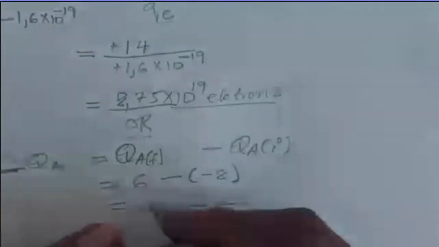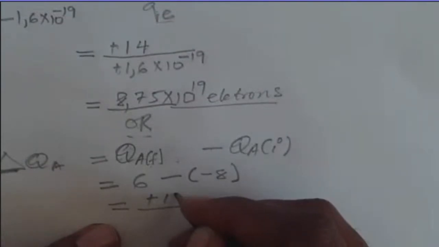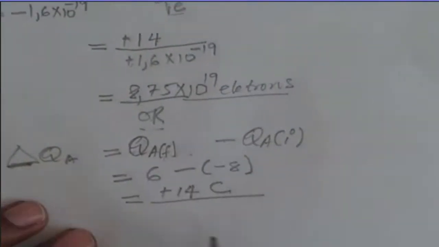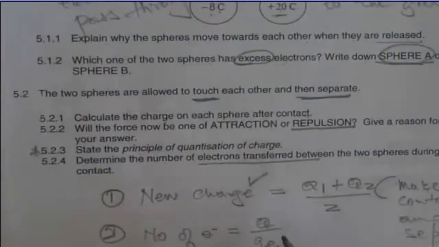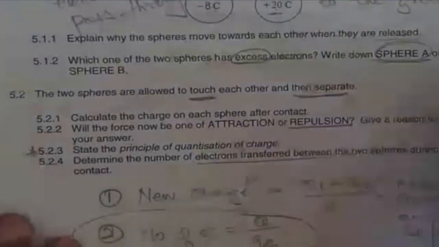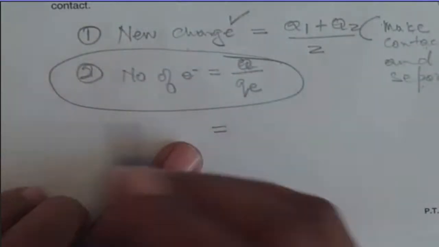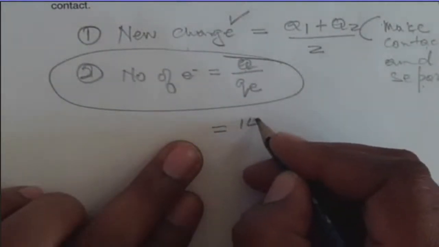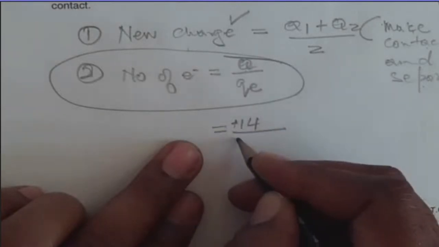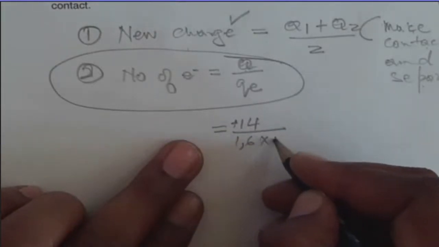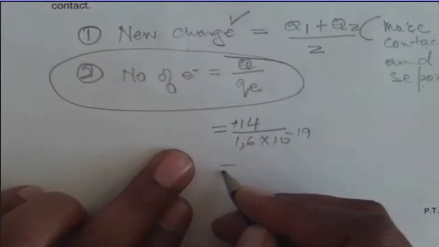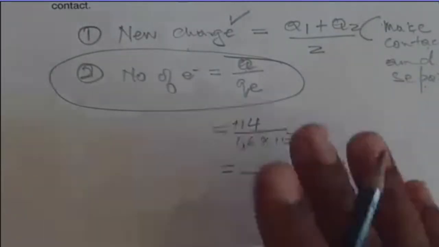That is why at the top I'm having positive 14 coulomb, because we have this formula here. To calculate the number of electrons, we can use this formula: you just substitute 14 divided by, being positive, 1,6 by 10 to the power negative 19. So you're going to get the same answer.